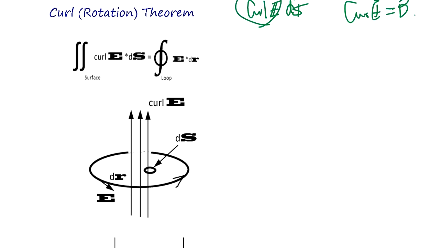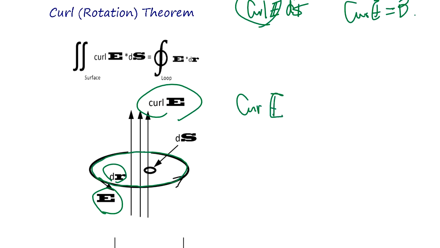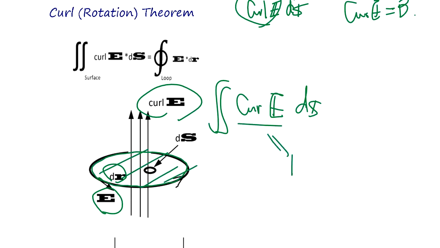Here's a picture: suppose you have the vector E, you take an integral along this closed loop, then you can calculate the integral of the curl of E, the total amount, which is related to the magnetic field.